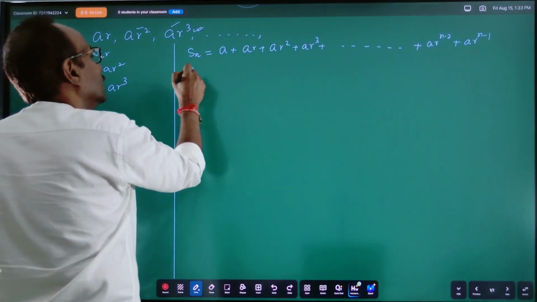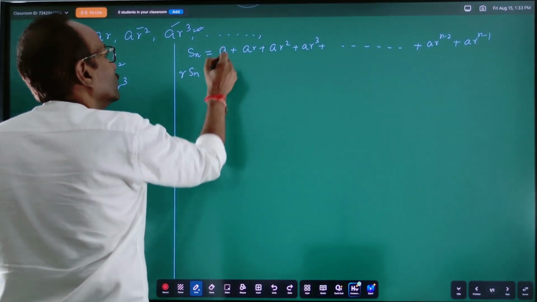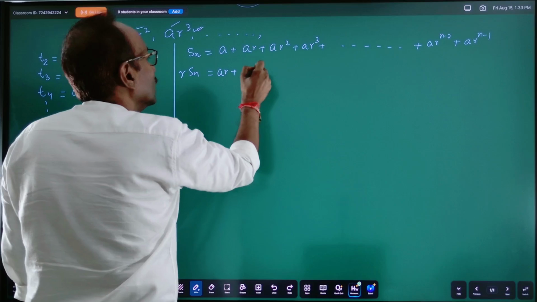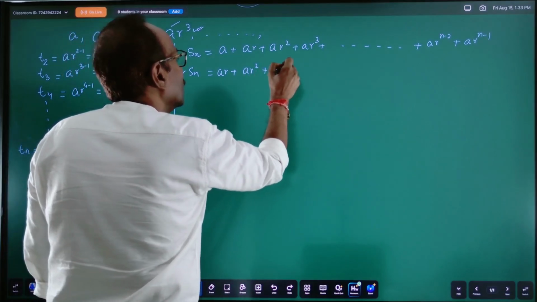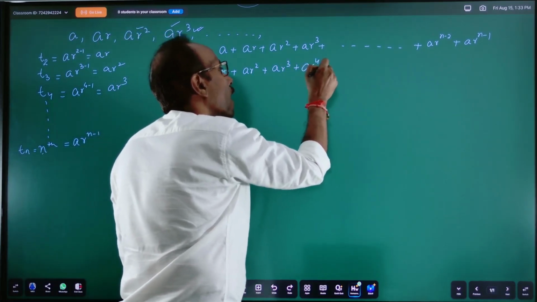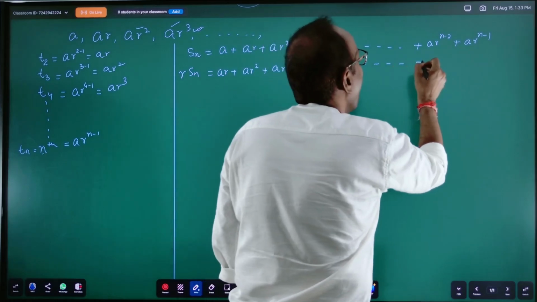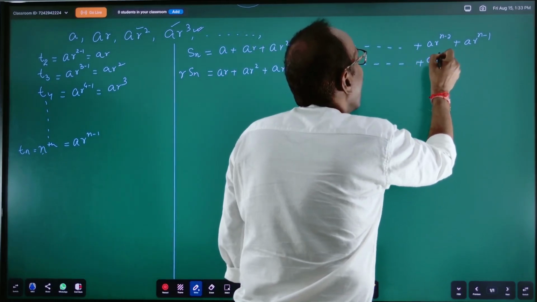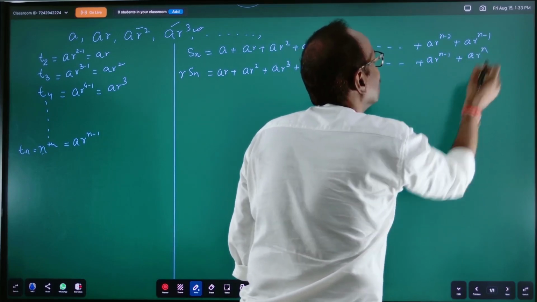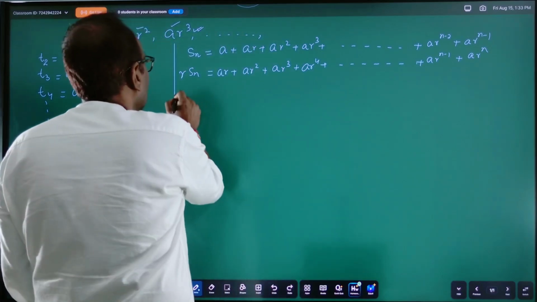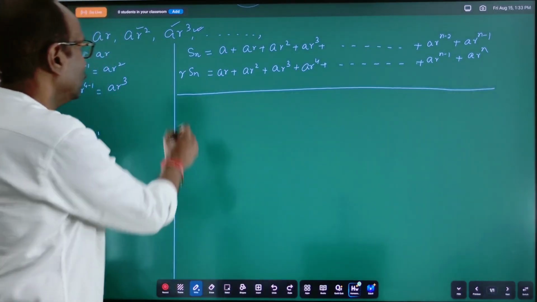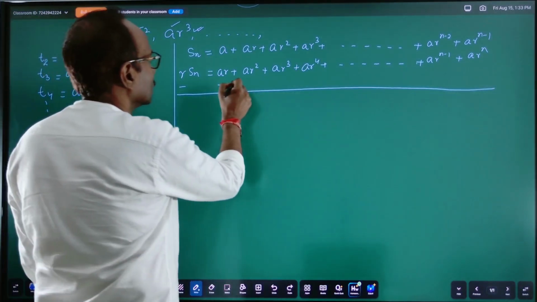Multiply Sn with r. So your a becomes ar, ar square, ar cube, up to ar to the power n minus 1, ar to the power n. And subtract these two equations.